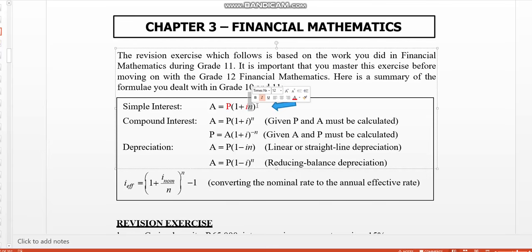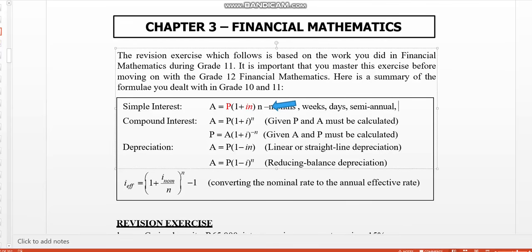And n, guys, represents what? It represents your duration, so it's a period. n can be in the form of months, weeks, or days. It can be semi-annual, meaning it happens twice a year.